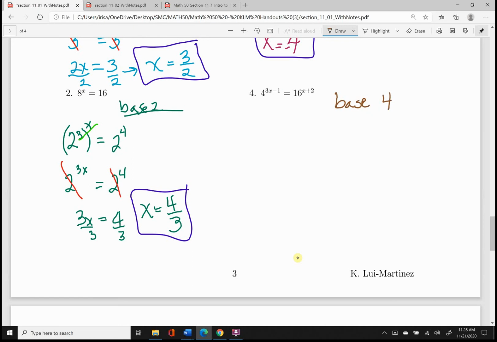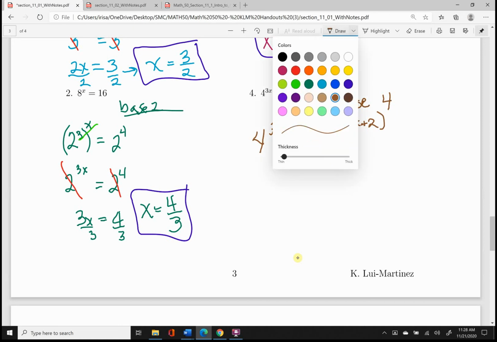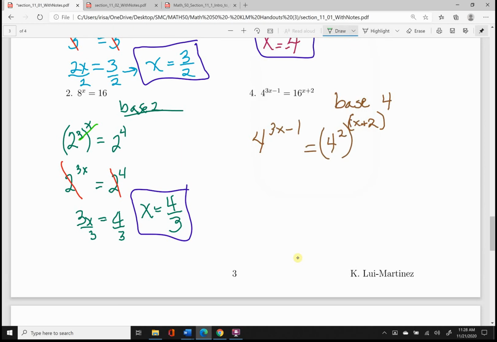In which case I will not even change the left-hand side of the equation, 4 to the 3x minus 1. And I will rewrite the 16 as 4 to the 2nd power, and then that's going to be collectively raised to the x plus 2 power. All right, which I'm going to put in parentheses because this exponent right here needs to get distributed.